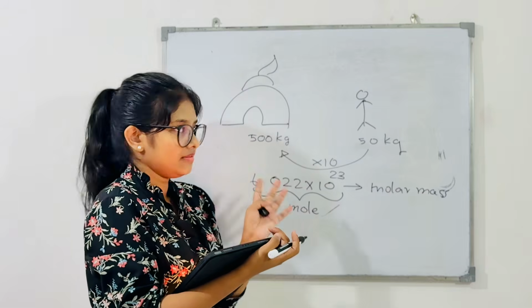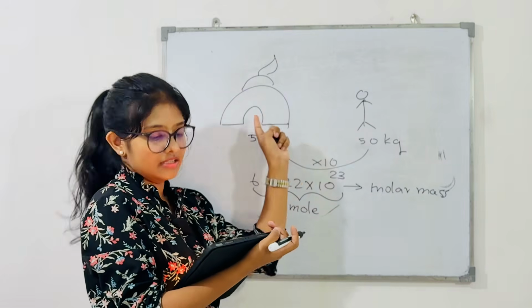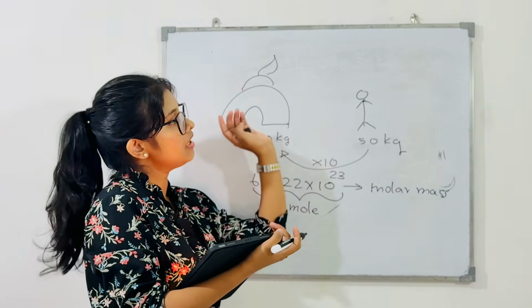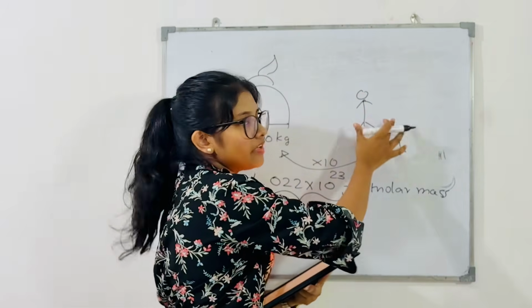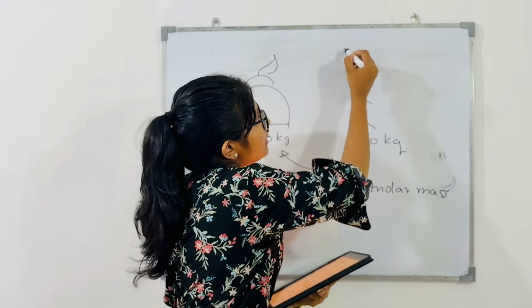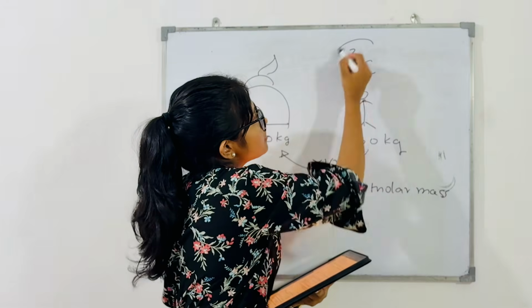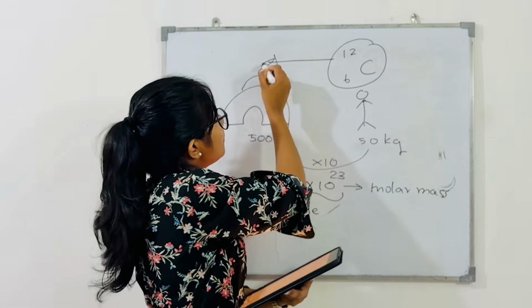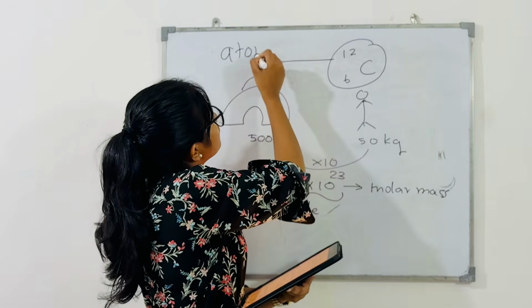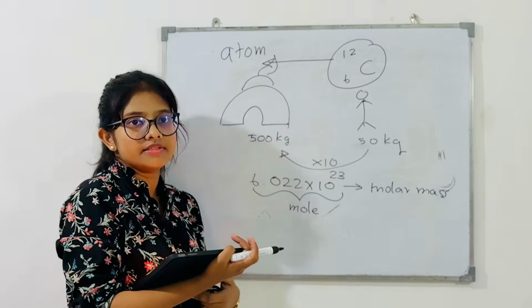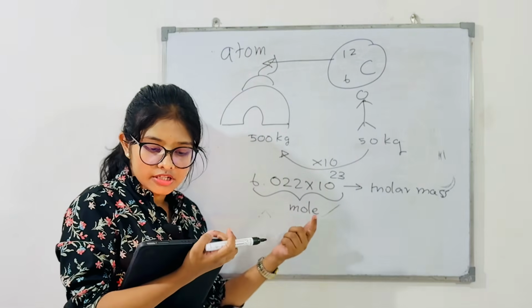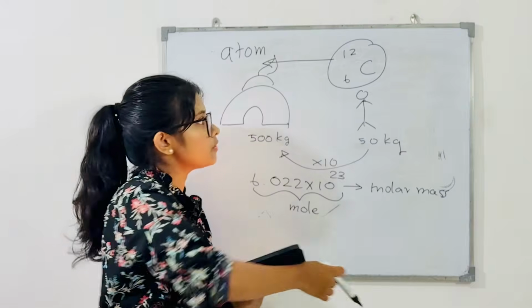Let's see. It means like that. We tell the mass of an atom relative to, as we used a human here, they are telling that we are using the mass of the C12-6 isotope relative to the mass of an atom. Let's see. Next one, the mass relative to 1/12 mass of C12-6 isotope.